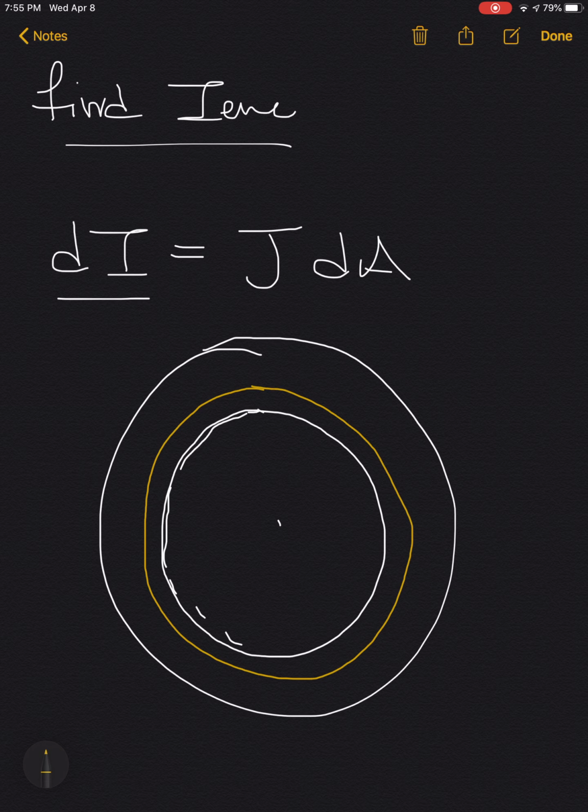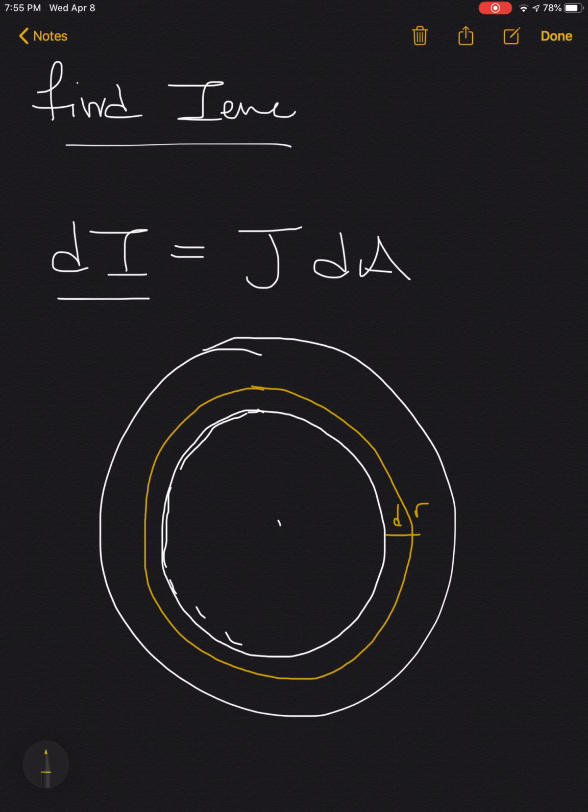So you see that this shell is going to have some thickness dr, and it's going to go through some angle d theta.